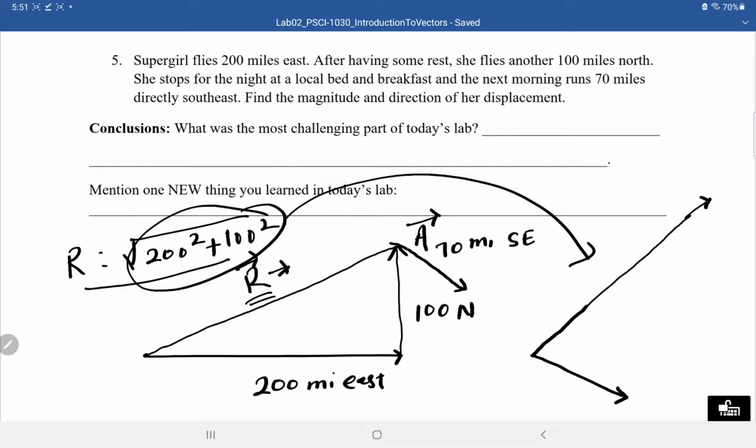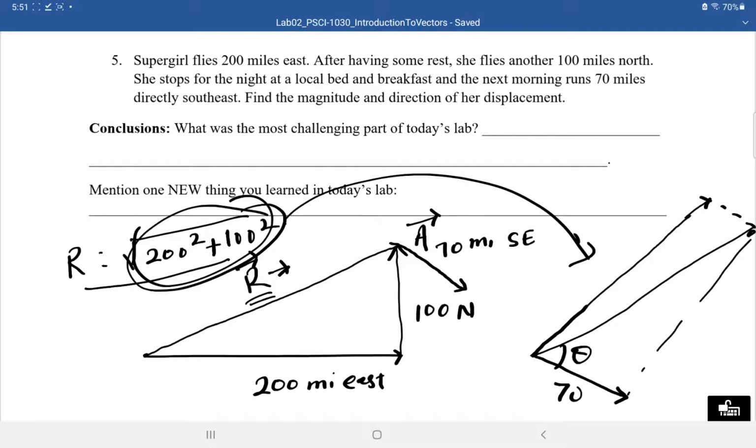Write down the values, complete the parallelogram, and measure the angle again as you did before. This is 70, and get the resultant. In this way you can find the resultant of these three vectors.